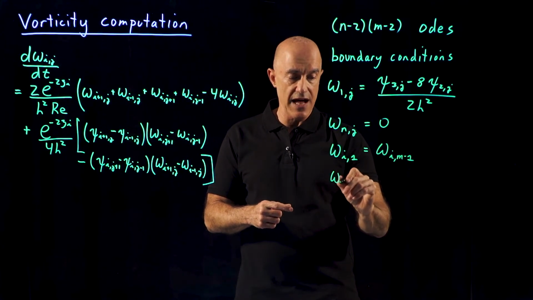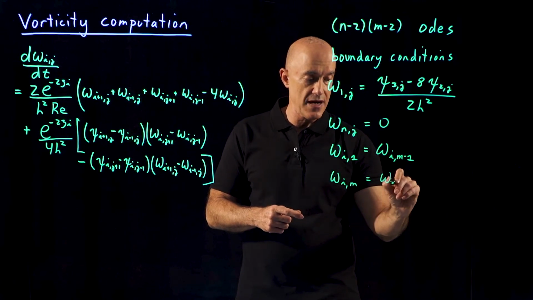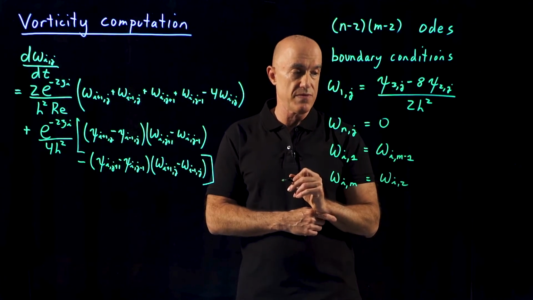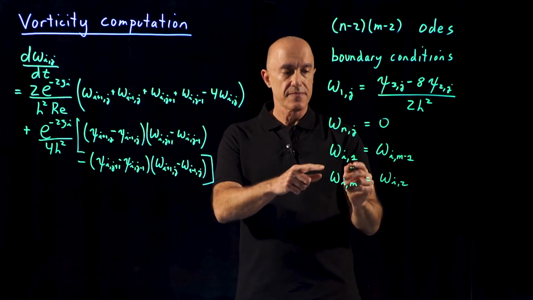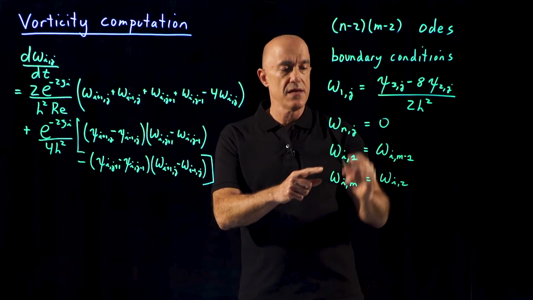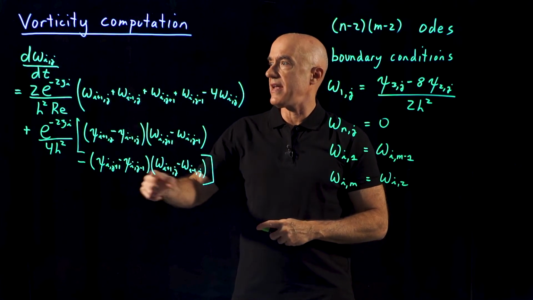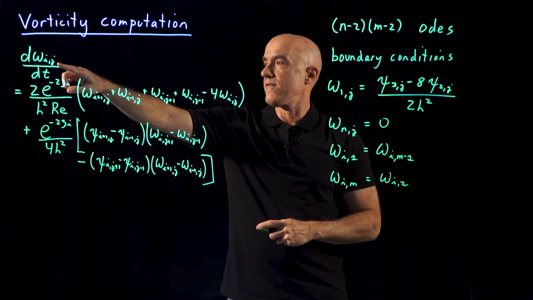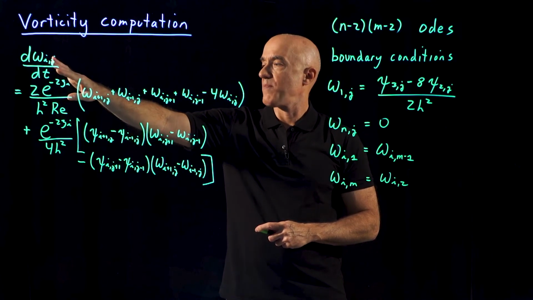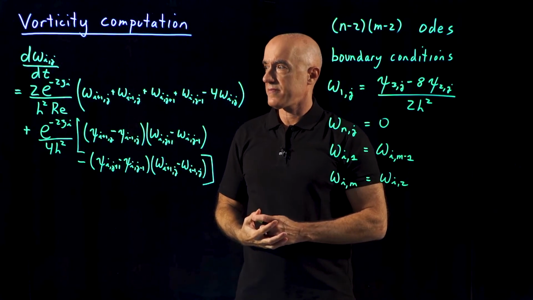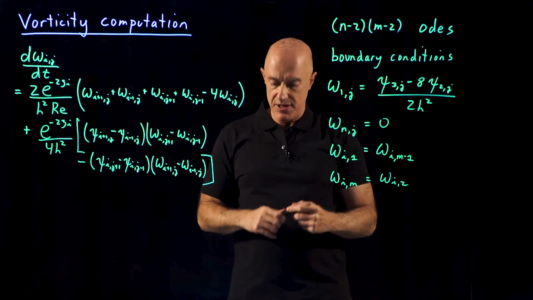And finally, we have omega i and the mth grid point equal to omega i and the second grid point. So these two are the periodic boundary conditions in theta. So we put in these boundary conditions for omega so that we can compute the right-hand side for all of the interior points, when i,j represents an interior point.